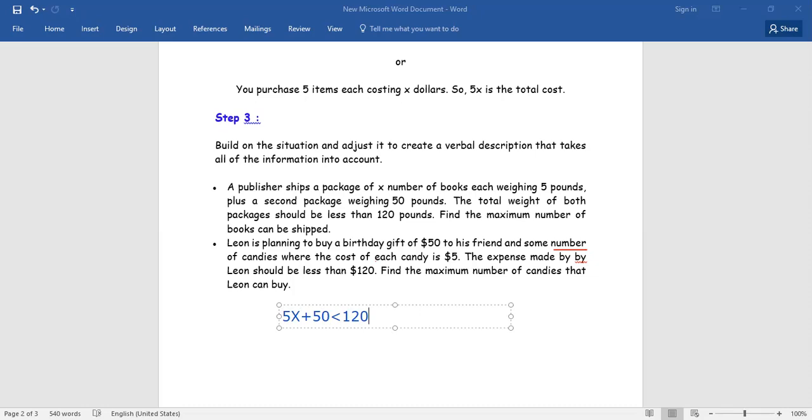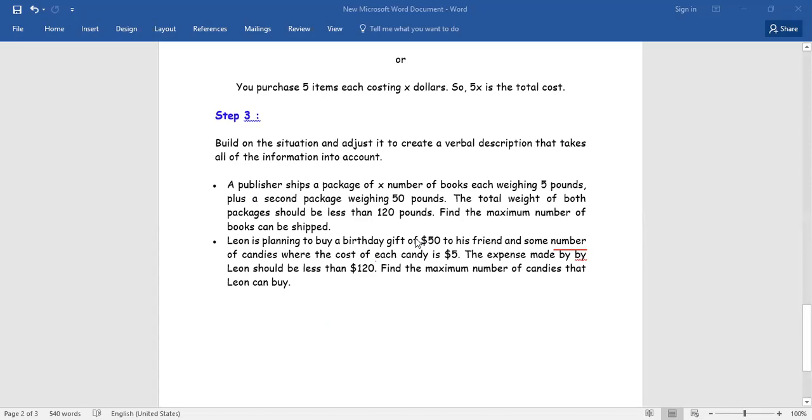So we can say x is the number of t-shirts, x is the number of candies, x is the number of books, x is the number of miles. So x stands for a number. Then 5 is multiplied by what? Multiplied by the cost for each candy, the cost for each book, the cost of each t-shirt. And then add 50, and it should be less than or equal to 120. Understood, grade 9, grade 7? How can we write the inequality as a verbal description?